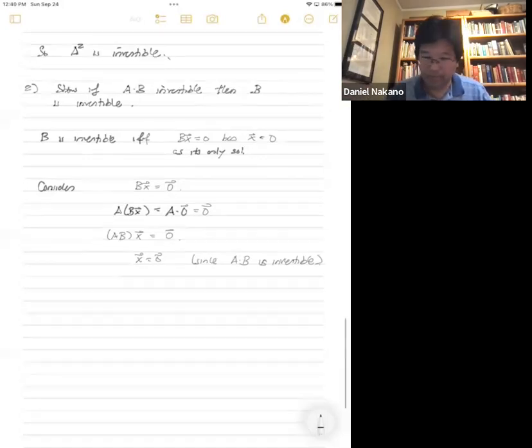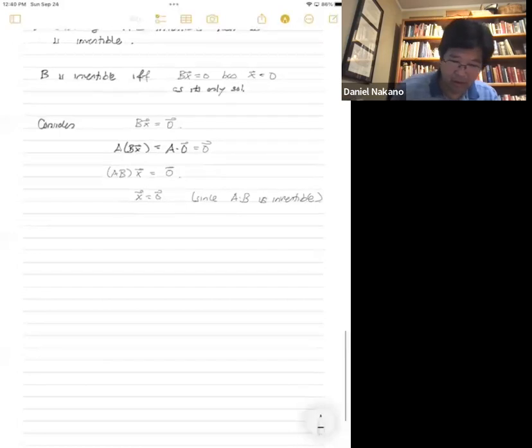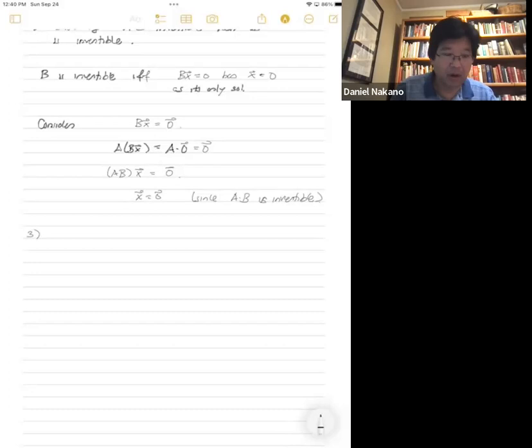All right, so my final problem of this session is the following. Show if A has linearly independent columns, then A has linearly independent rows.